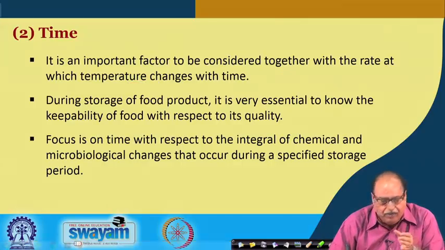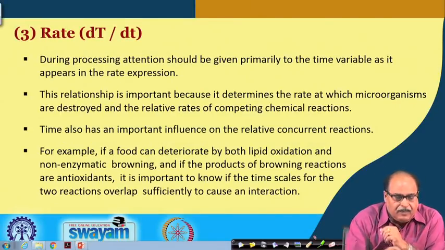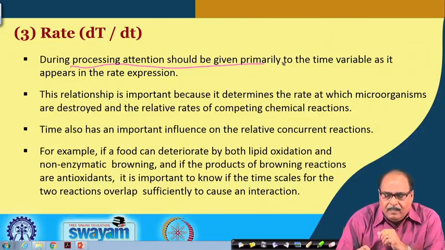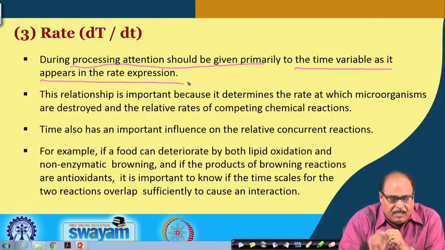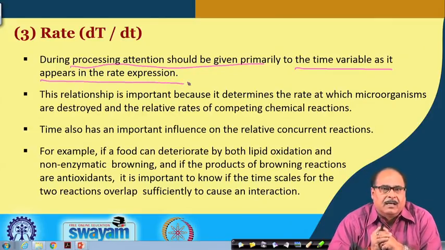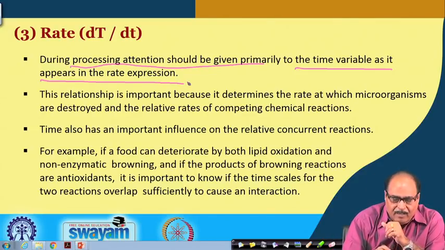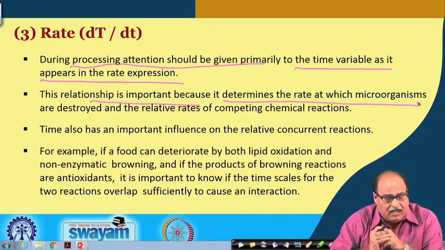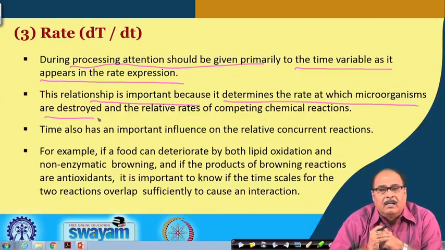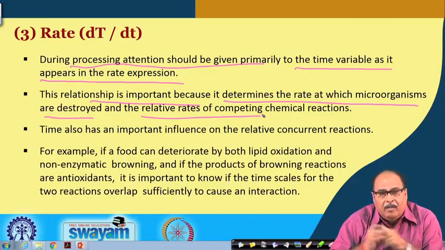And in this, obviously the rate becomes an important consideration. During processing, the time variable that appears in the rate expression must be considered. The relationship, that is dT by dt, is important because it determines the rate at which the microorganisms are destroyed or the relative rates among the competing chemical reactions.